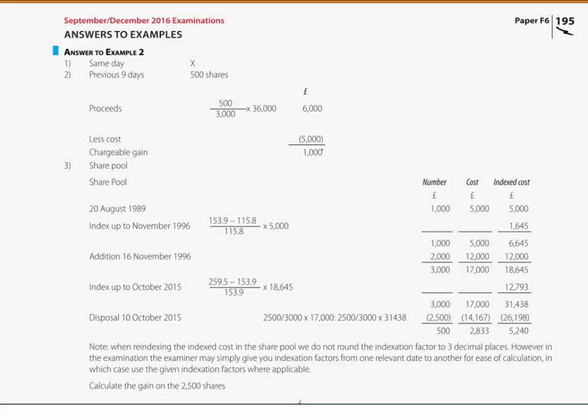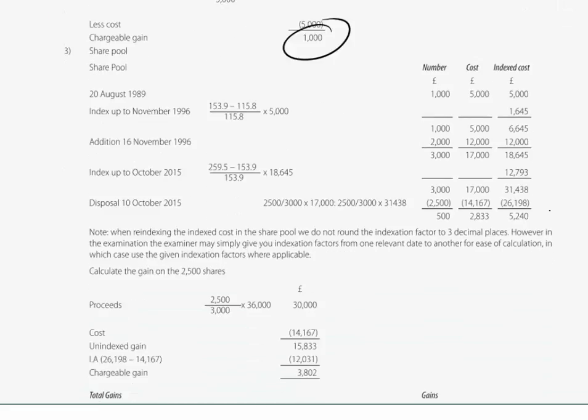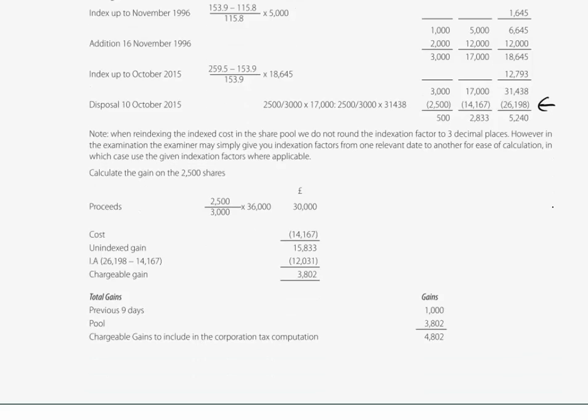That was the 500 shares. You got the chargeable gain of 1,000. We've then shown through the workings of the share pool to establish the cost and with it the indexation allowance that attaches to the 2,500 shares now sold from that share pool. That's then gone into the gains calculation we've just seen, resulting in a chargeable gain of 3,802 on those 2,500 shares.